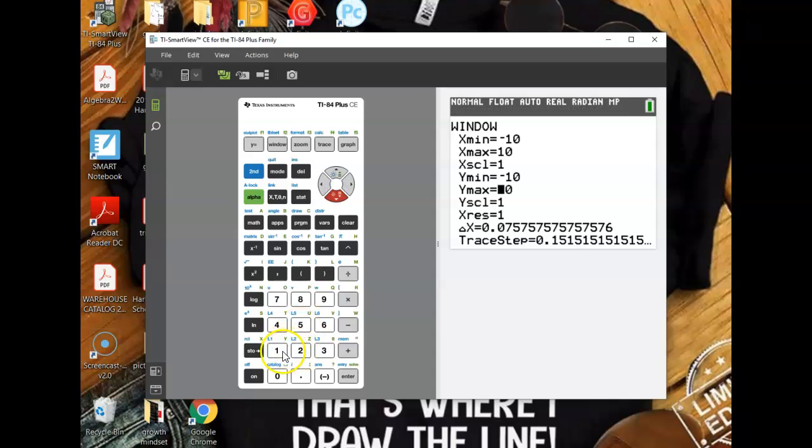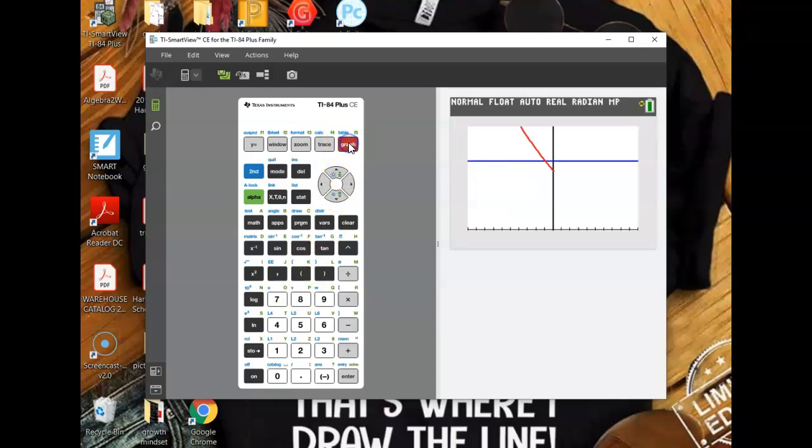I'm going to put 1,500. Now I'm getting something, but it's crossing over here at negative. Do you think our x should be a negative number? Probably not. So I need to go further out to the right to see where it crosses again.